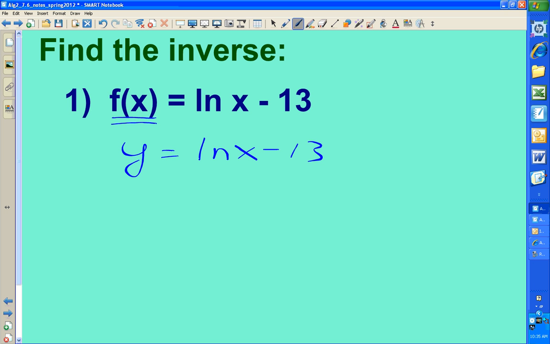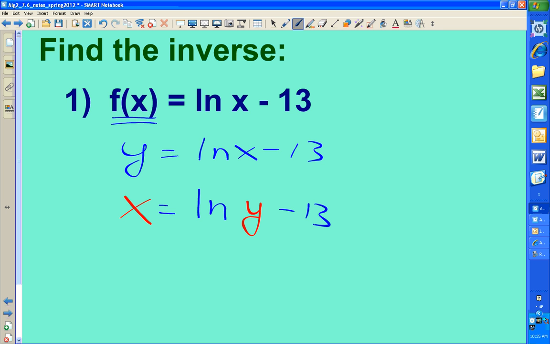All I'm doing right here is getting out of function notation. I have not switched the x's or y's. So once I'm out of function notation, the y becomes x and the x becomes y. Okay, that's the switch. How do I solve for y?